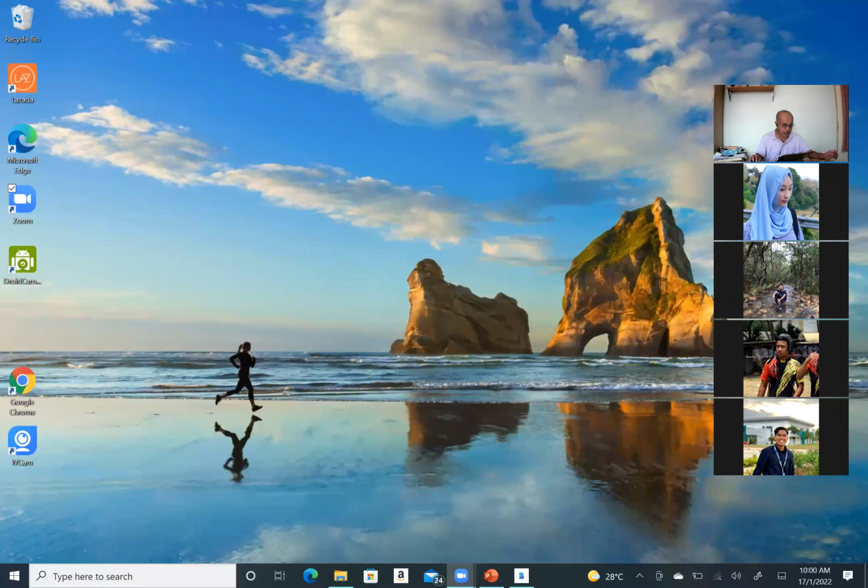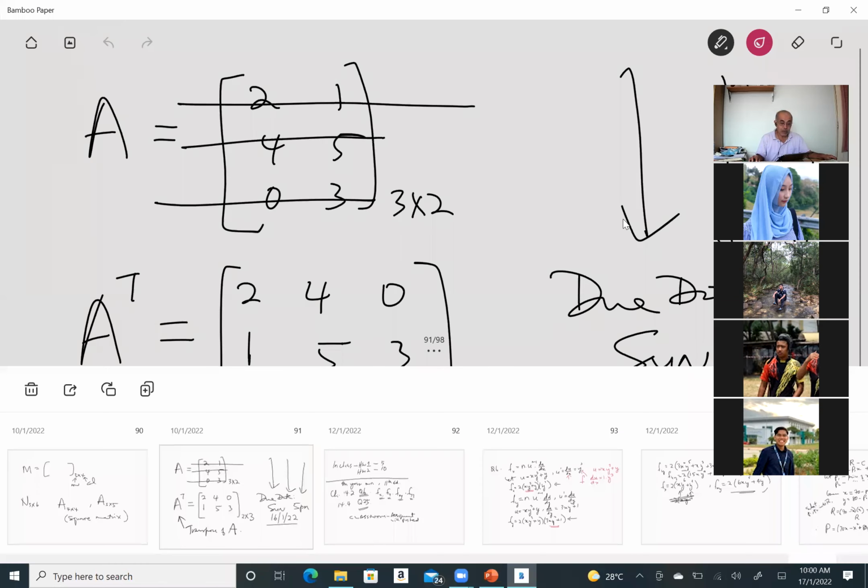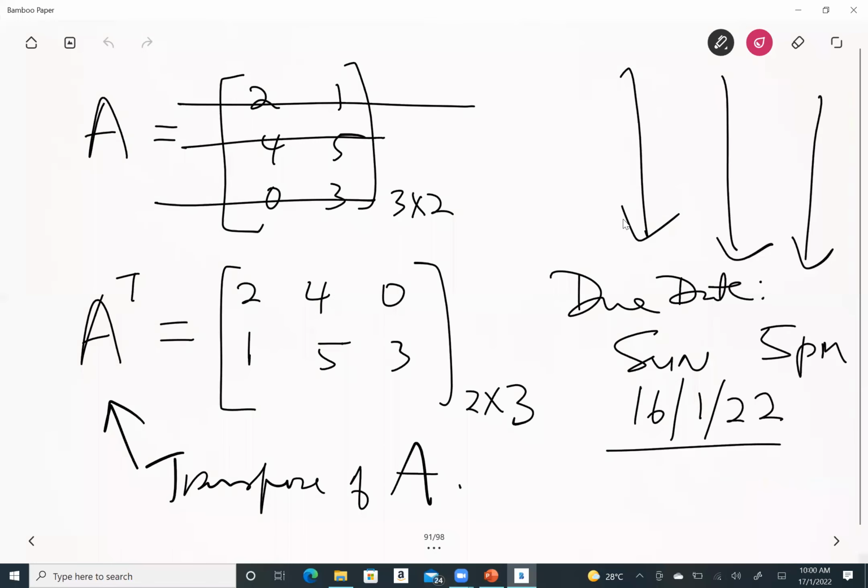Okay, today we're going to continue with the matrices. We will go through what we have done in the previous class. I'll show you the notes.